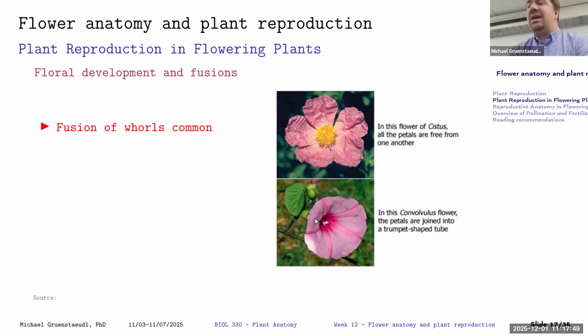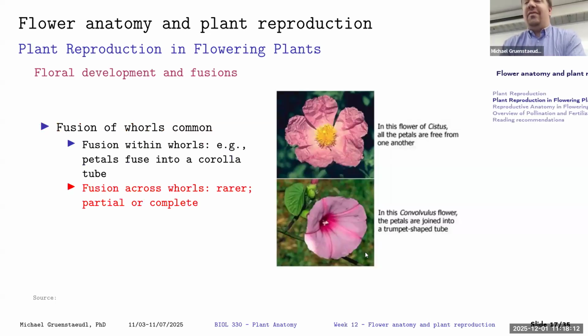If you were to make a cross-section a little bit above the receptacle, you wouldn't really know what you're looking at, because you have no physical separation of the petals, the sepals, and the receptacle. It's all fused into one mesh at the bottom.